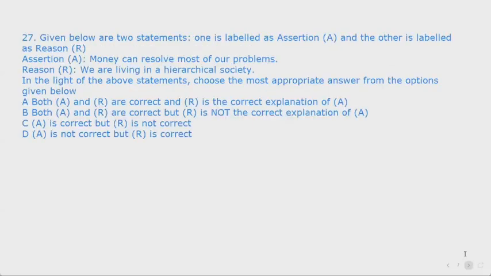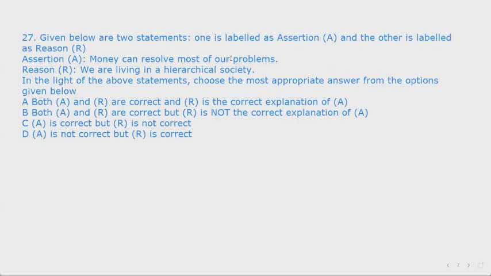Moving to the next question, question number 27. So again, it is an assertion reasoning question. तो you need to find out कि ये जो दो स्टेटमेंट दिया हुआ है, they are related, और अगर रिलेटेड है तो असर्शन का जो रीजन है वो करेक्टली रीजन में स्पेसिफाई किया गया है या नहीं किया गया है. यहाँ पे दोनों इंडिपेंडेंट भी हो सकते हैं और दोनों रिलेटेड भी हो सकते हैं, but उल्टे हो सकते हैं.